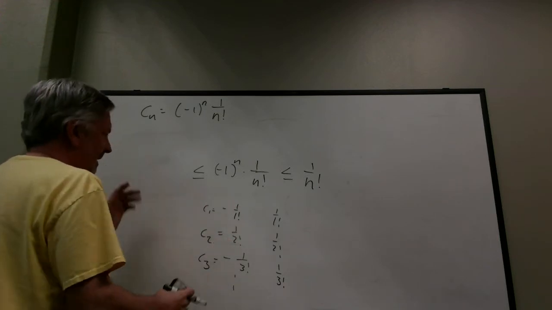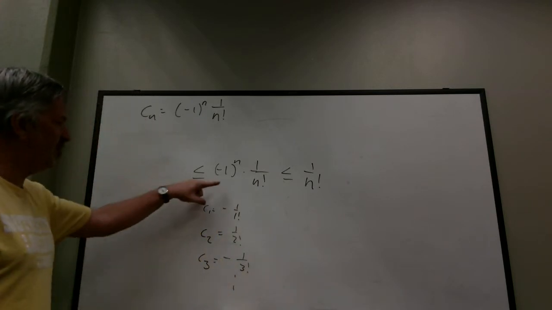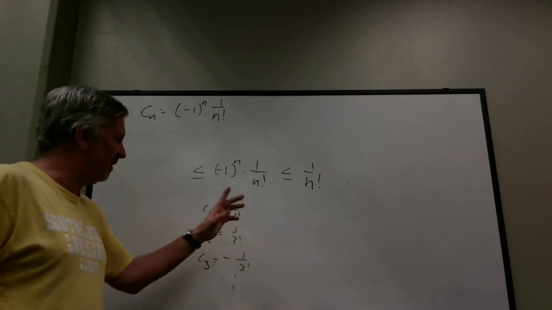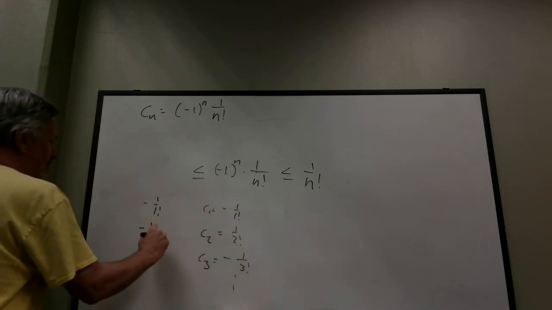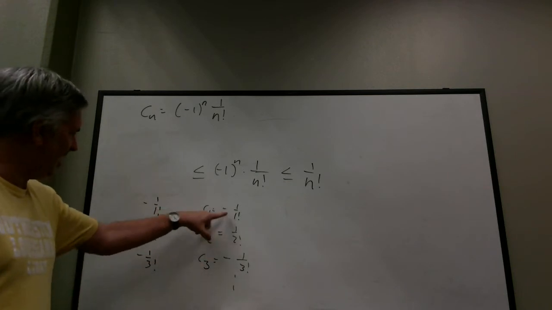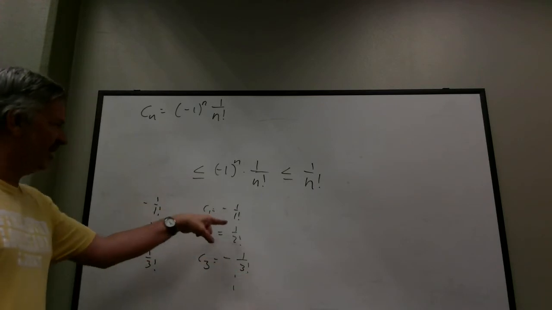Now, on the other hand, I want something that's always smaller than all of these. Well, instead of ignoring the negative to get the plus, what if I put a negative on every single one? Notice when the subscript is odd, they are equal to each other. And notice now this one is negative and that one's positive.